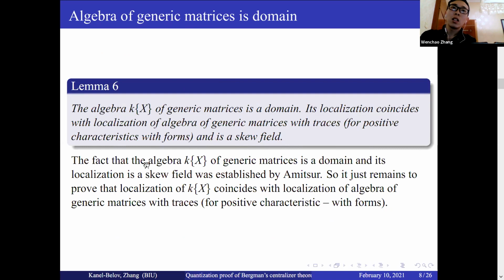The fact that the algebra of generic matrices is a domain and its localization is a skew field was established by Amitsur. And what is an algebra with traces? Yes, we will show that.